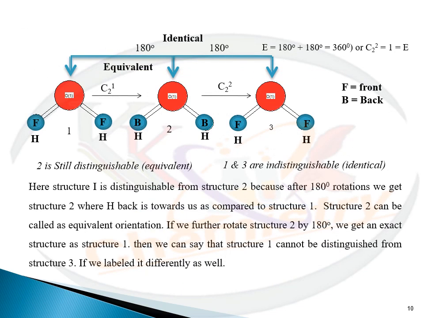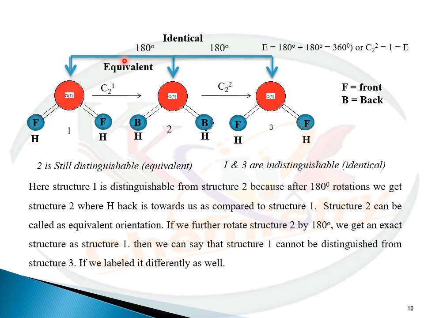Look at this molecule again. Here in structure 1, the water molecule possesses 2 hydrogen atoms, and both of these hydrogens are toward us. You can just see their fronts.